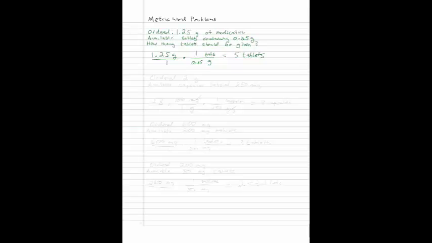So for our next example, let's say we're going to order 2 grams of some medication. And what's available? Let's say that we have capsules labeled 250 milligrams.